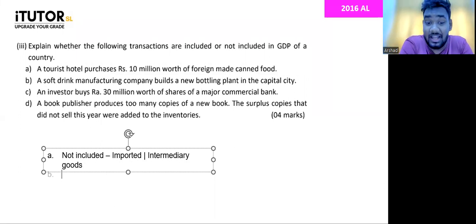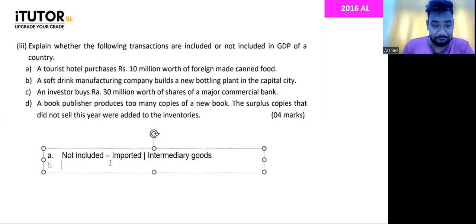A soft drink manufacturing company builds a new bottling plant in the capital city. Maybe let's say someone like Elephant House has built a bottling plant in Colombo. Do we include or do we not include? We include, right? How do we write this?